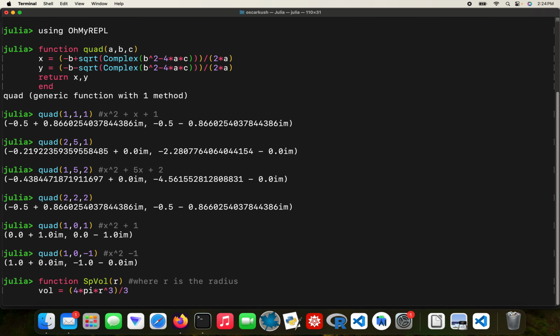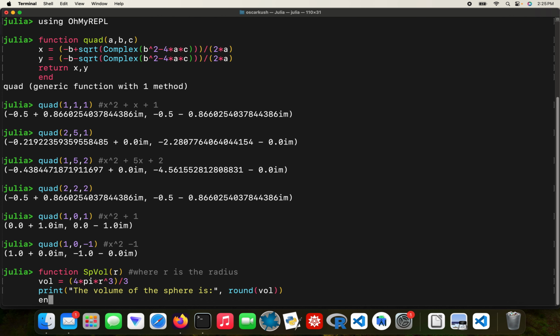Then instead of typing in return, I'll just type in print, the volume of the sphere is, and then I'll type in round, so just round vol. That will do. Just make sure I've done it right, and then type in end.